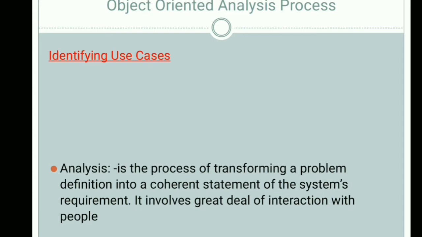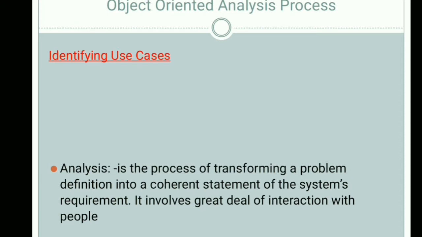That means here we analyze a system, and analyzing is nothing but identifying the system requirements by considering the problem definition. And object-oriented analysis involves an interaction phase, that is, a communication phase. To understand the system requirements, we need to communicate with the customer, right?